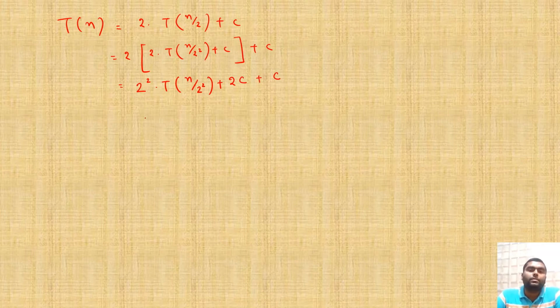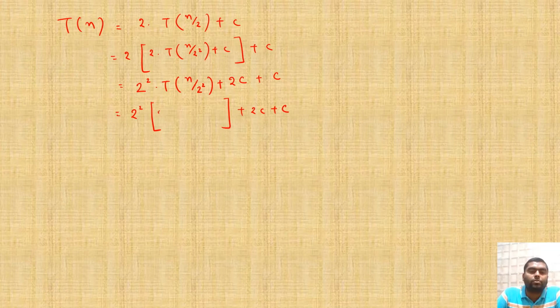Okay, so let us see one more time what the solution will be. Now next time, 2 squared as it is, substitute for this part, plus 2C over here and plus C over here.